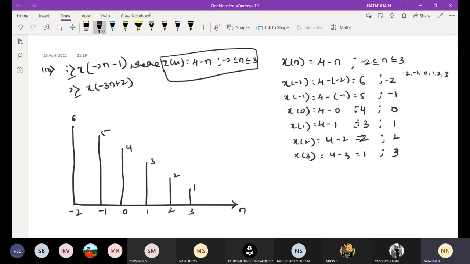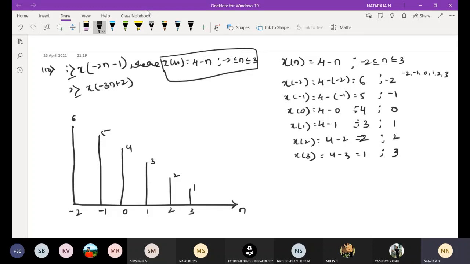Got the solution for the first one? Yes, sir.